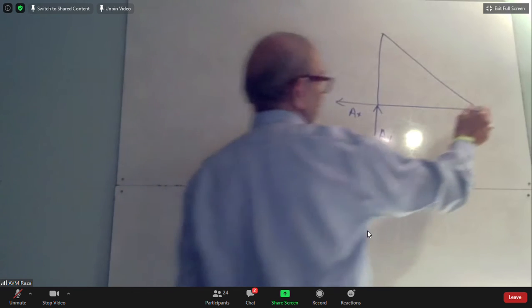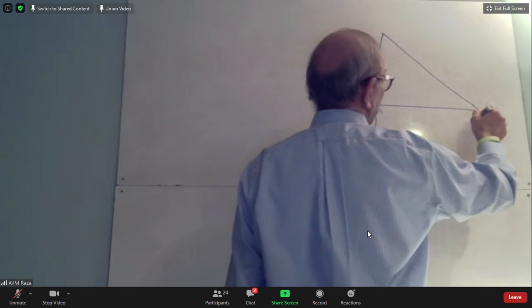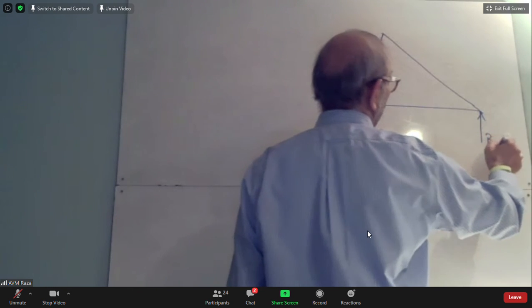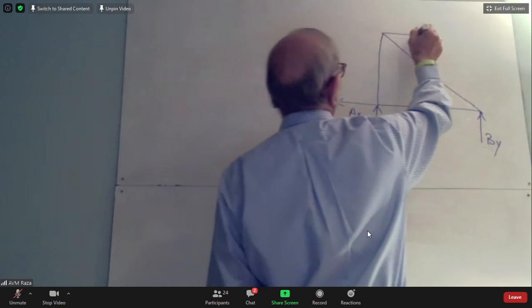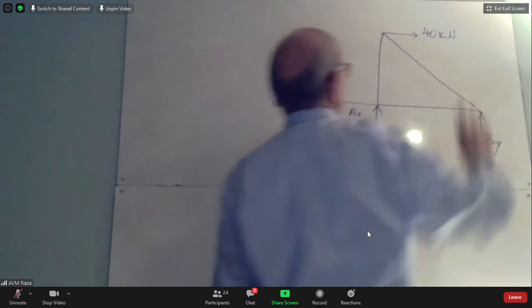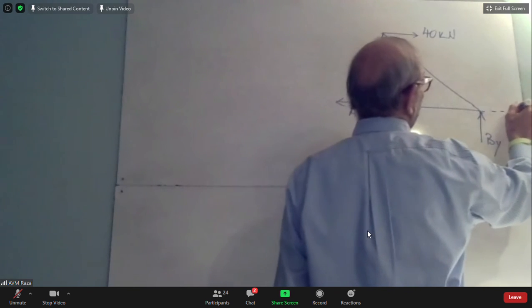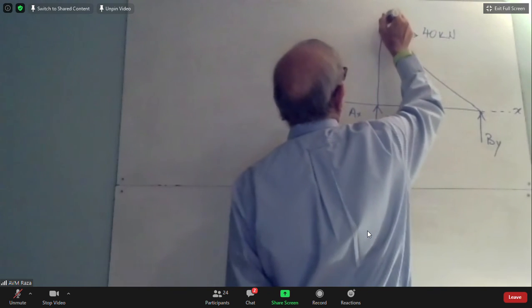Then there is a roller at end B, so that is replaced by BY. And there is a 40 kilonewton force applied there. And this is my x-axis. This is my y-axis.